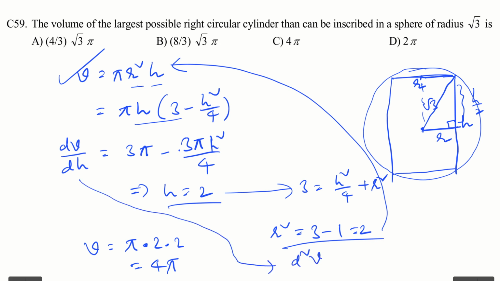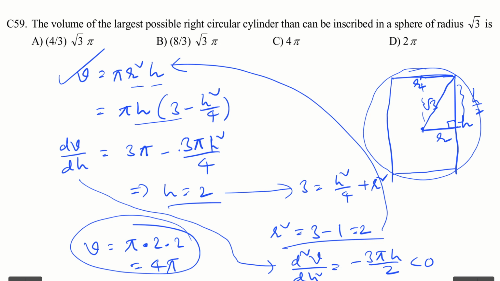So if I go for the second derivative, I have it as minus 3 pi h by 2, which is obviously less than 0. Therefore, I can say that this is the maximum value of the cylinder that's possible to inscribe in the sphere. Okay, let's move on to next problem.